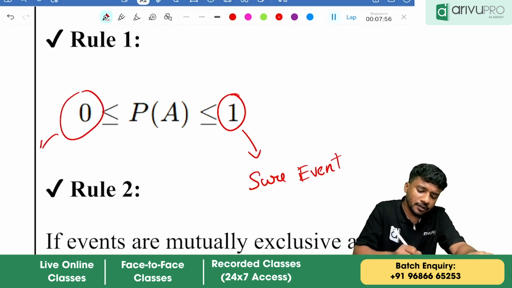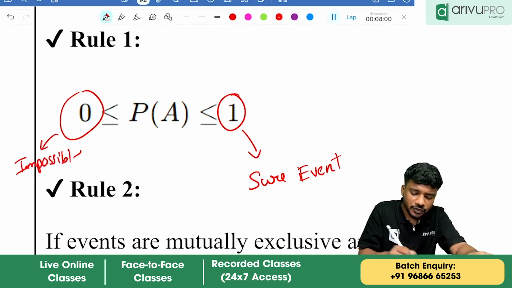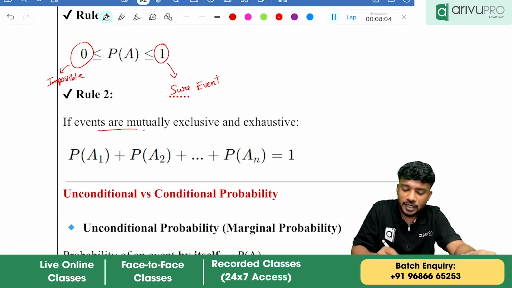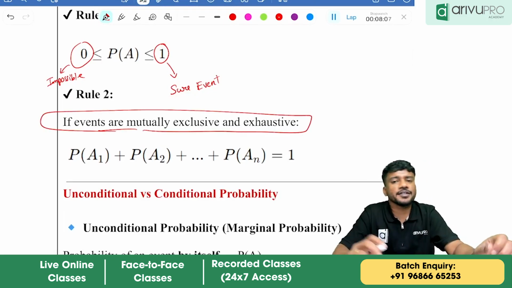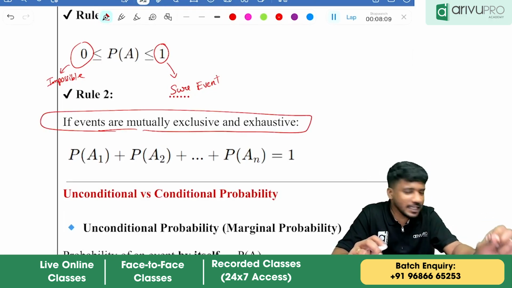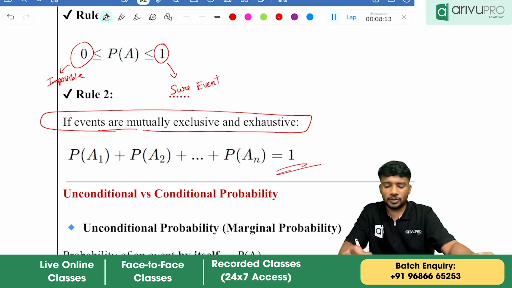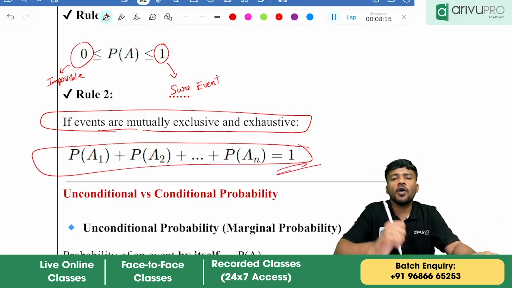Then the probability of an impossible event is equal to what? 0. Okay. Now, if the events are mutually exclusive and exhaustive, as I told you, the total probability, if we add each probability together, we will get how much? Which will be equal to 1.